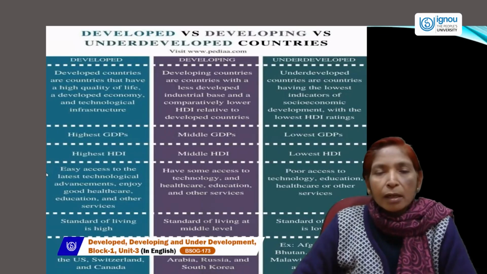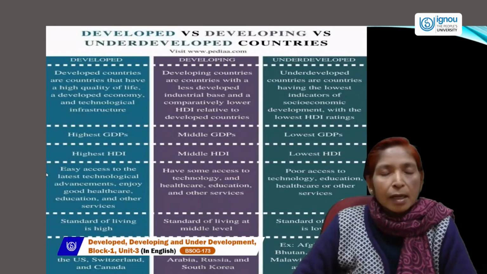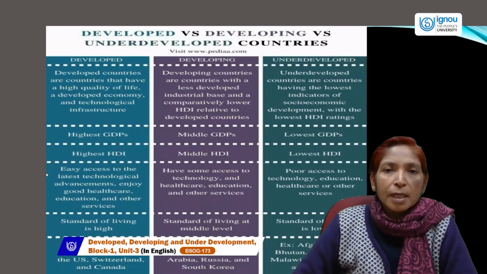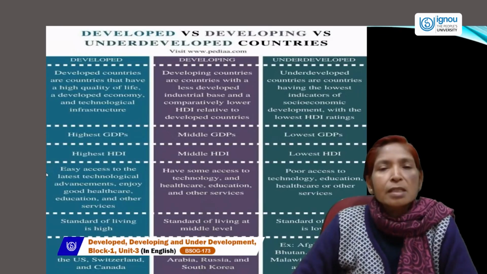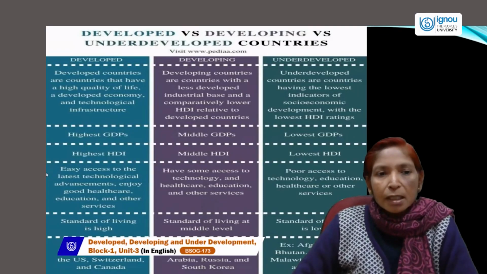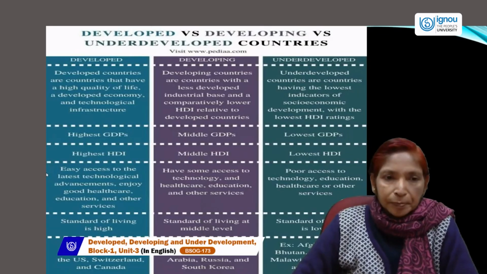In India, life expectancy is less, illiteracy still exists, and per person contribution in GDP is also very less. That's why India's rank in HDI is very low.